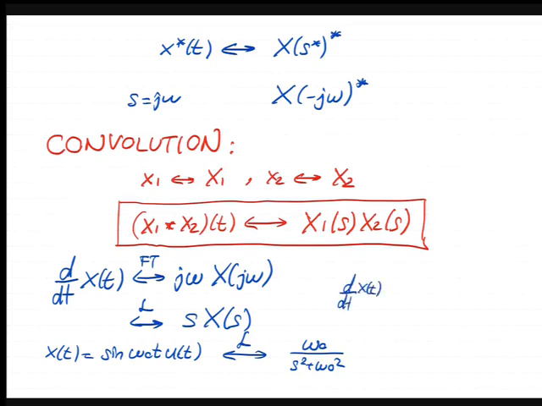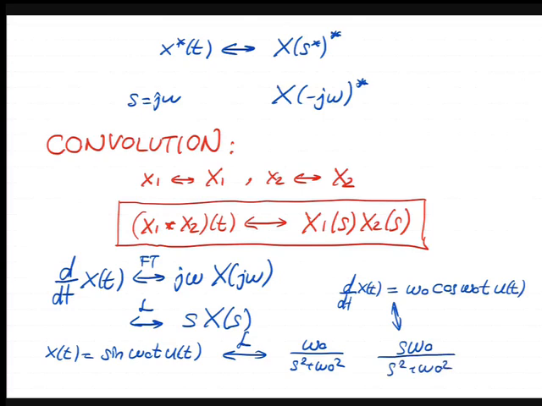What's the derivative of sine omega naught t times u of t? And from the property we just saw, this should have a Laplace transform of what? s omega naught by s squared plus omega naught squared, right?